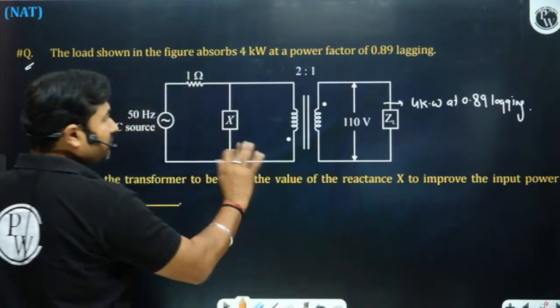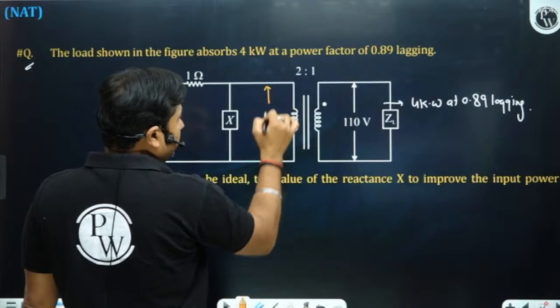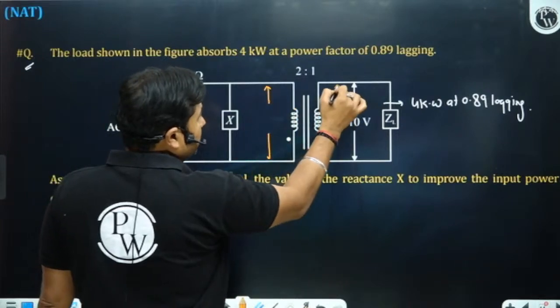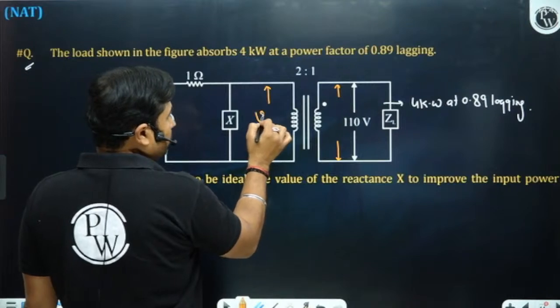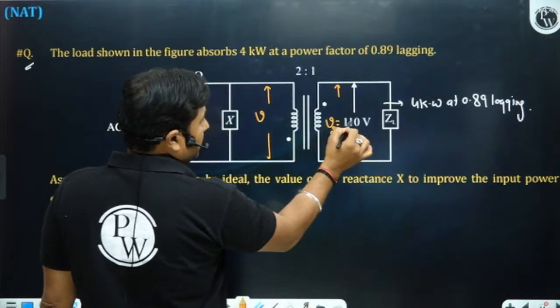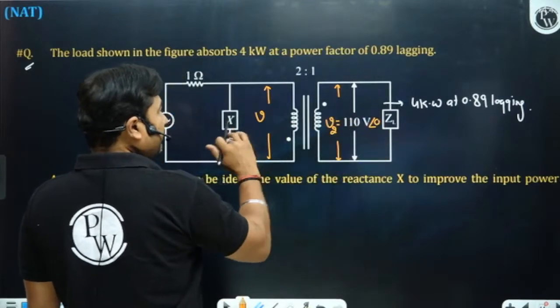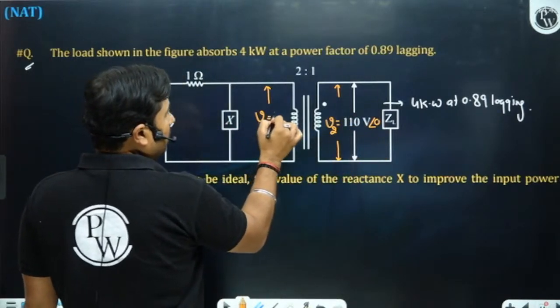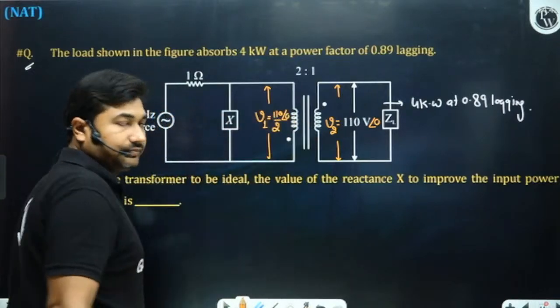So, if the transformer is ideal, whatever voltage appears here, the same voltage will appear here. Let us suppose this is your voltage 110. It is given that voltage V2 is 110 volt. If we take this voltage as a reference, then V1 is also 110 by 2 at an angle 0 only.